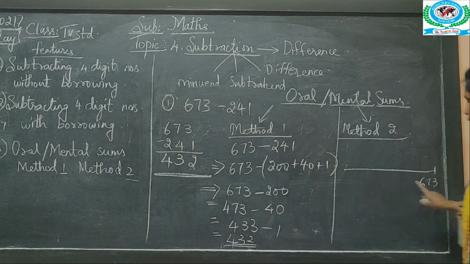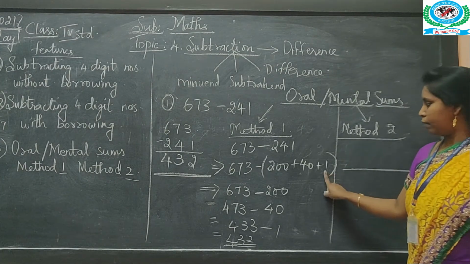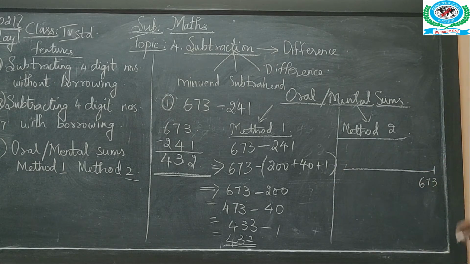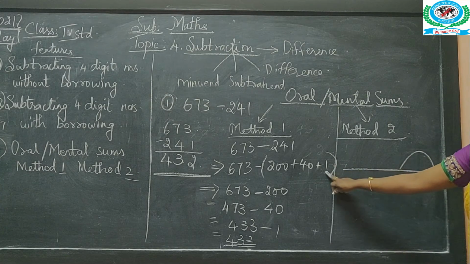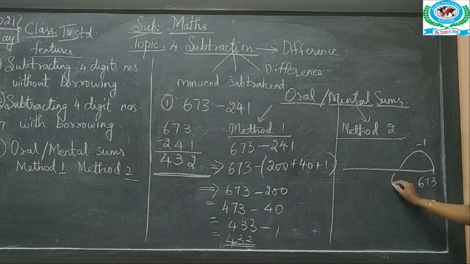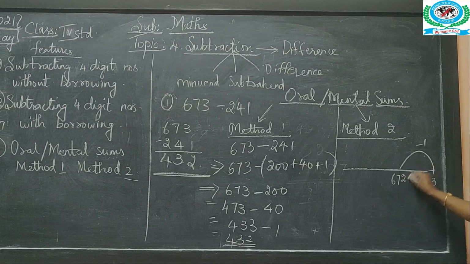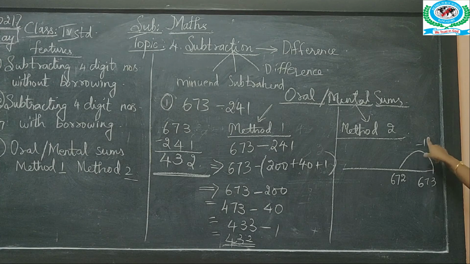The minuend we write here. Then we come from this side, so one number is less from here. This is minus 1, so 673 minus 1 becomes 672.